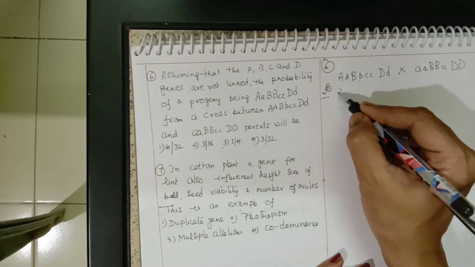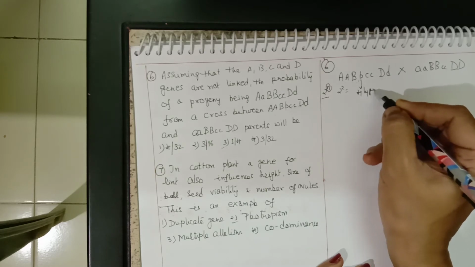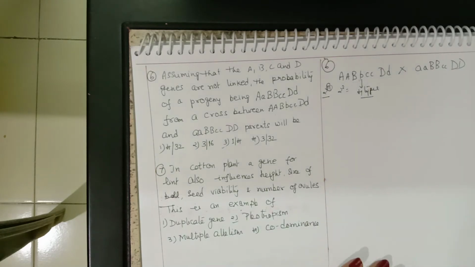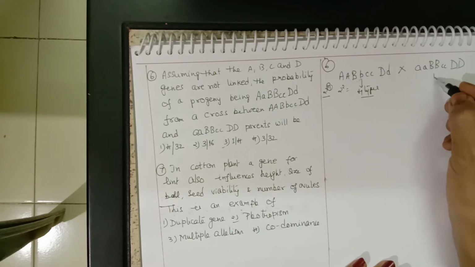So how many heterozygous here? 2. So here we get 4 types of gametes. Here we don't have any heterozygous condition. All are homozygous. So we get only 1 type of gamete.